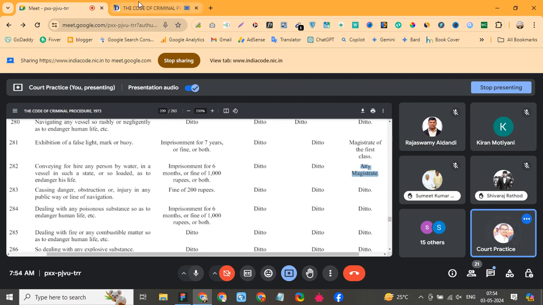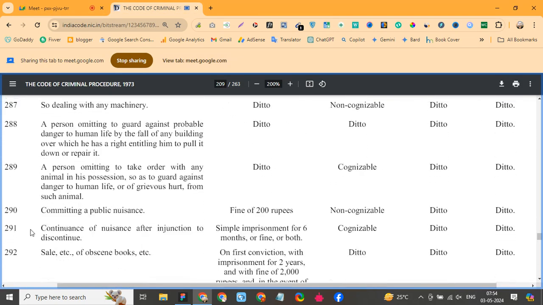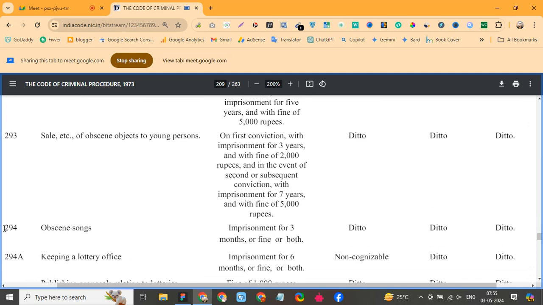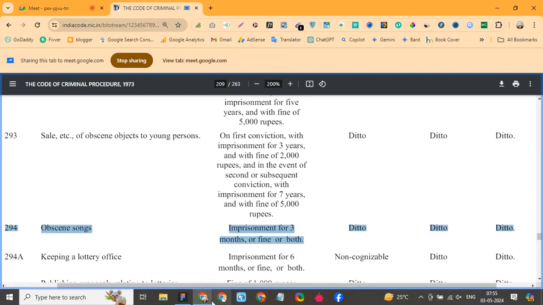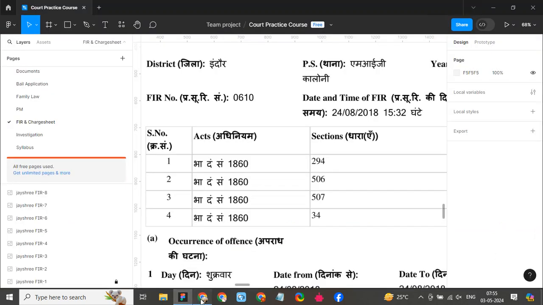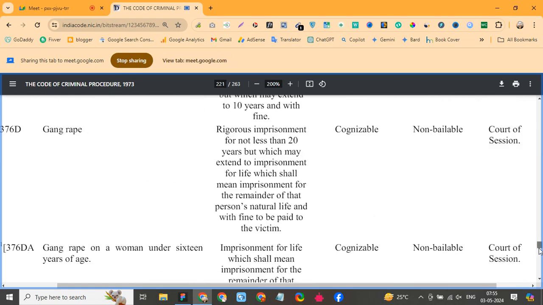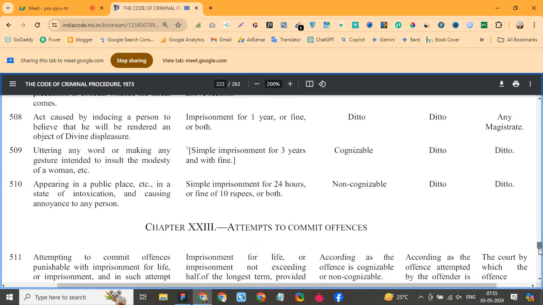Means if section 294 is there in any FIR, we can open the first schedule of CRPC and we have to go through the same scenario. The next section was regarding, what was the next section? 506, right? 506 and 507. So again we have to move towards the 506 and 507.